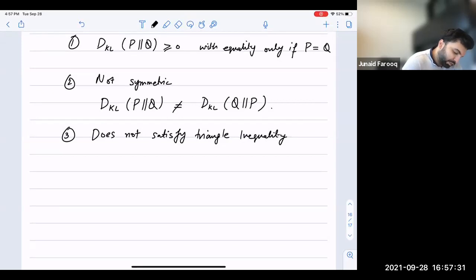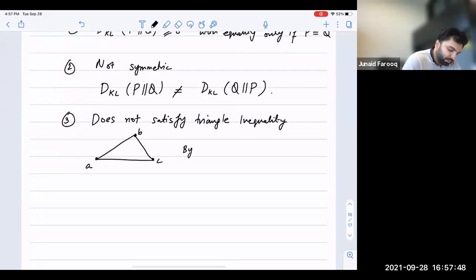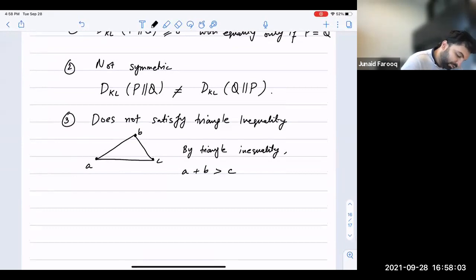The triangle inequality is something that we have in traditional geometry. So if you have three points, A, B, and C, by triangle inequality, A plus B is always bigger than C. Actually, I should say, these are not corner points. Basically, this is A, this is B, and this is C. Right.